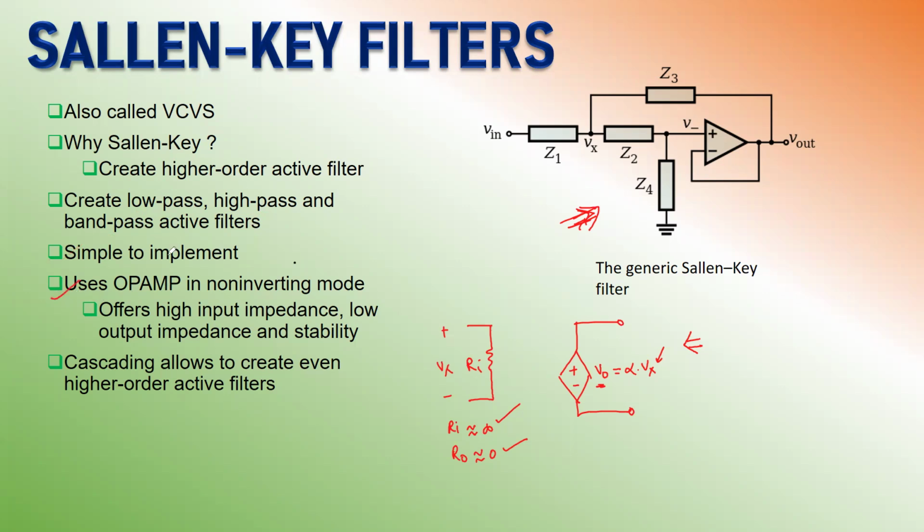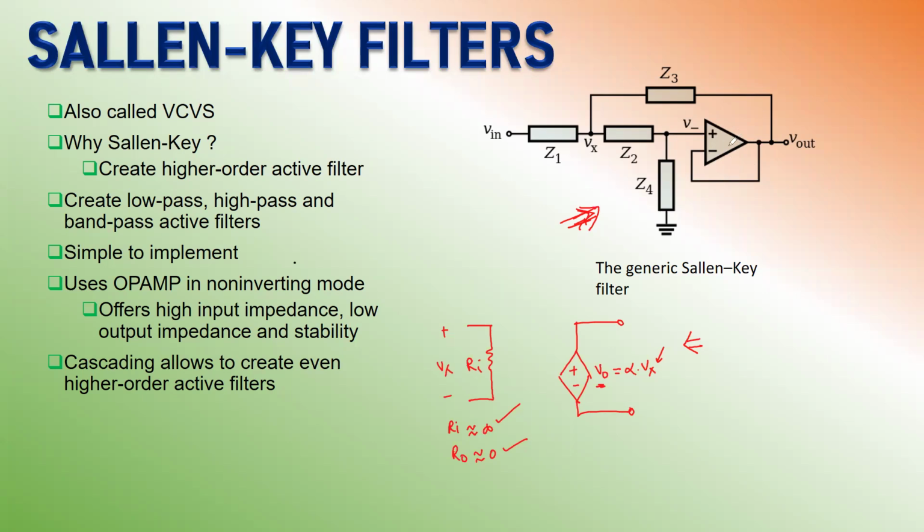The specific feature that we must note here is that Sallen Key filters use the operational amplifier in a non-inverting mode. So we see that here we have used the non-inverting amplifier. This has a gain A, and it has two input terminals, positive and negative, and we see that this circuit is configured in a non-inverting mode.